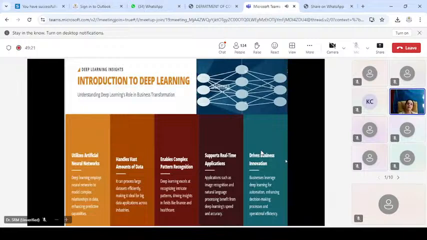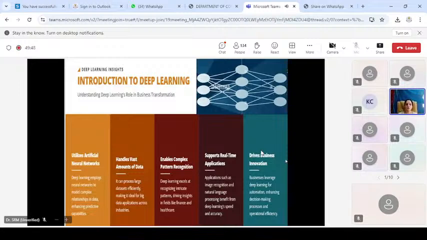Businesses can apply this capability to uncover insights that would otherwise go unnoticed. DL models can identify early signs of churn by analyzing even subtle shifts in customer behavior, which allows companies to take proactive retention measures.